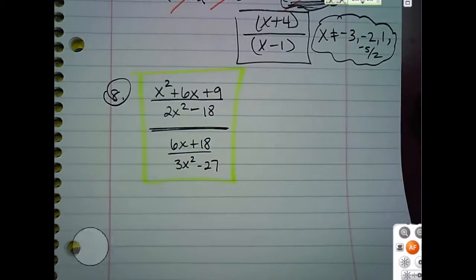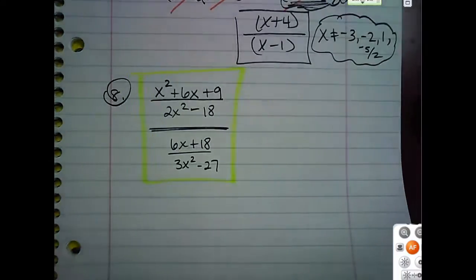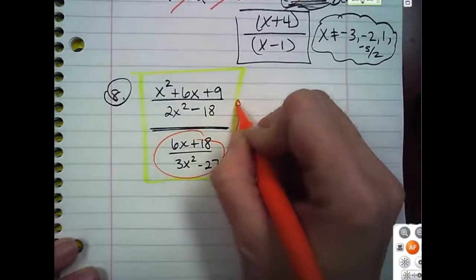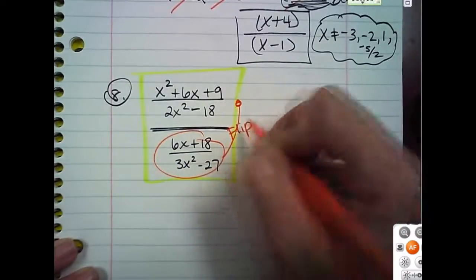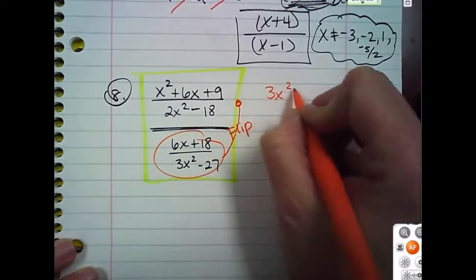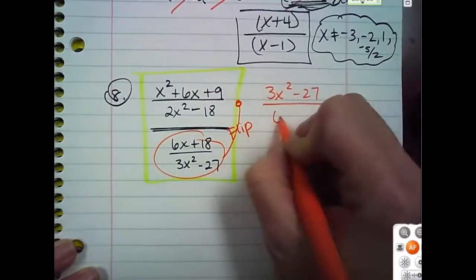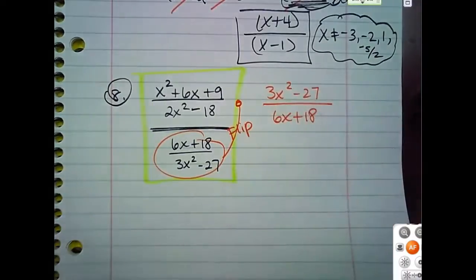So go ahead and do that. Flip the second fraction real quick for me. And take this and flip it. So you're going to have 3x squared minus 27 over 6x plus 18. And then just factor everything and cancel.